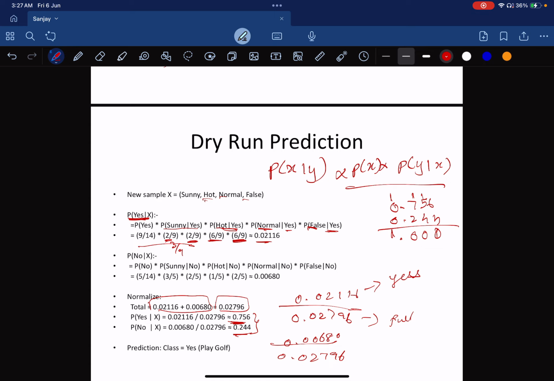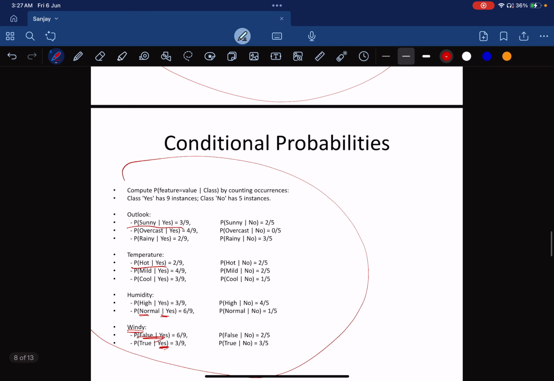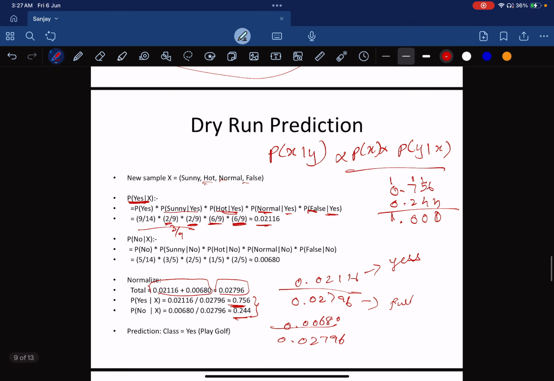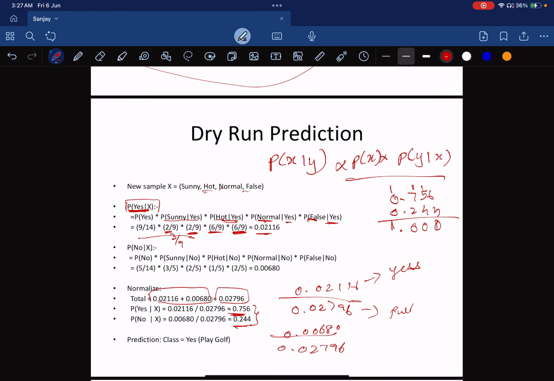This is how the model is trained: finding the probability of each data point independently. Based on the Bayes theorem, we find the probability of data belonging to each class, and we similarly do this for all other classes.